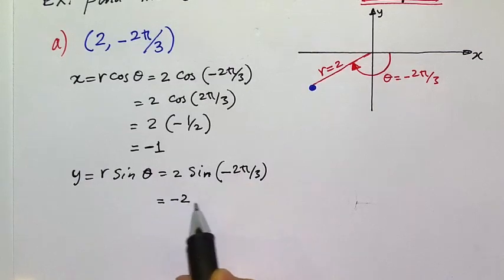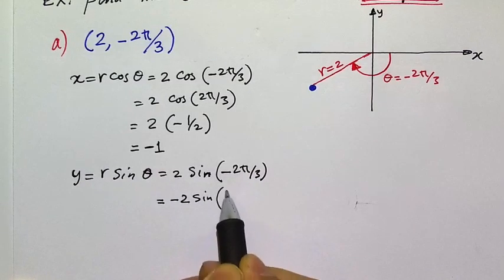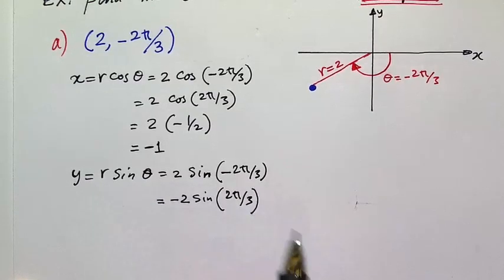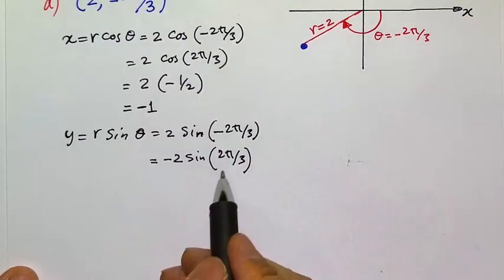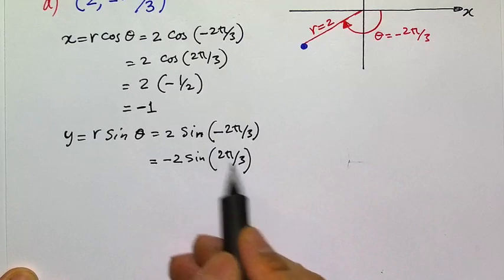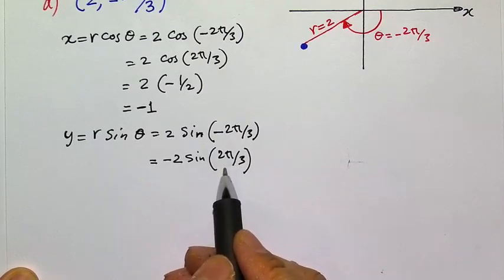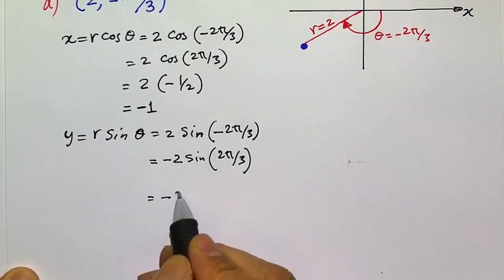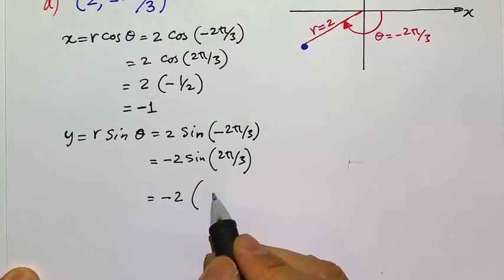So we can say minus 2 sine of 2 pi over 3. Sine of 2 pi over 3 will be in the second quadrant. It's going to be positive, so minus 2 times square root of 3 over 2.